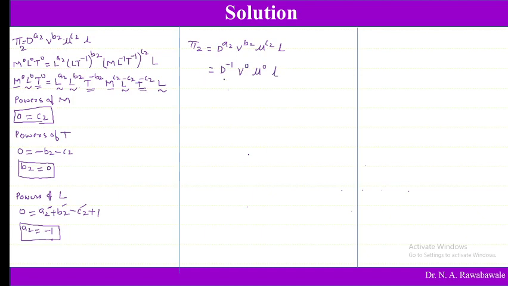So here we can write this d in the denominator, whereas v to the power of 0 and mu to the power of 0 become 1. So pi2 is equal to L divided by D. This is the second term, pi2 term, we obtain as L divided by D.